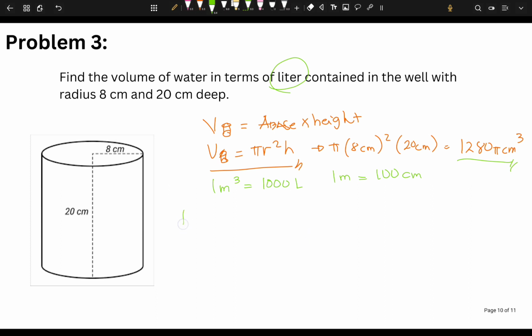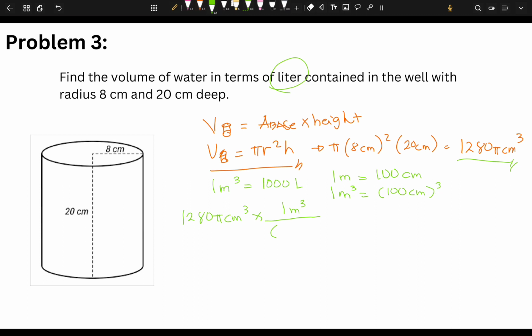So, we have 1280 pi cubic centimeter. Of course, we need to convert the centimeters first to meters and then meters to liters. So, 1 cubic meter. If 1 meter is equal to 100 centimeters, then since this is 1 cubic meter, this should also be raised to 3.